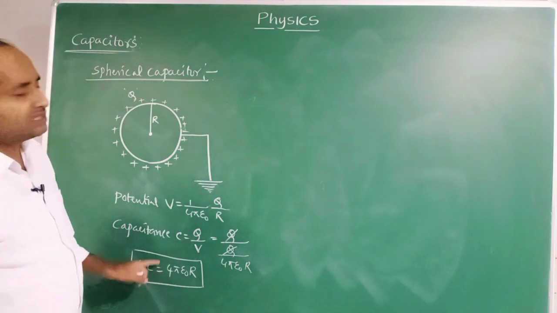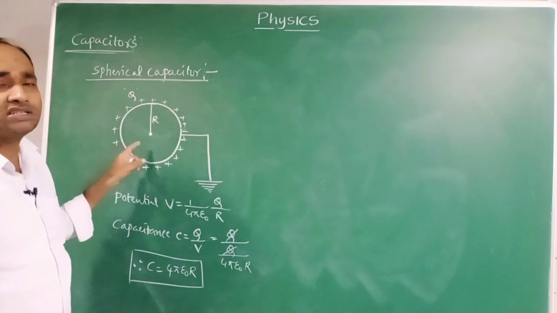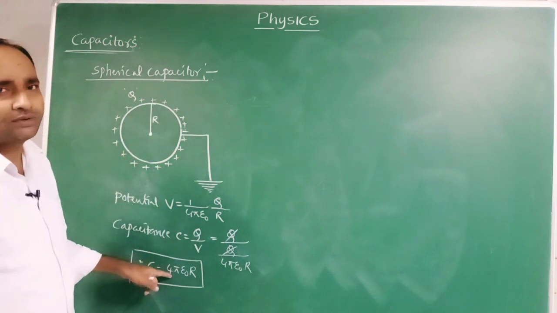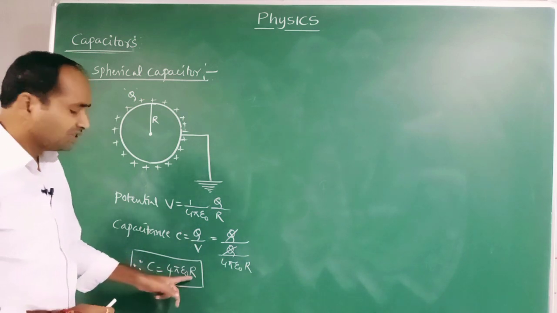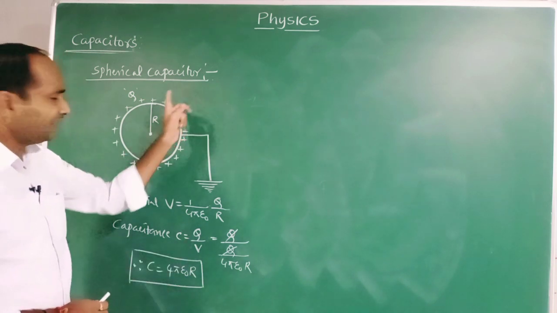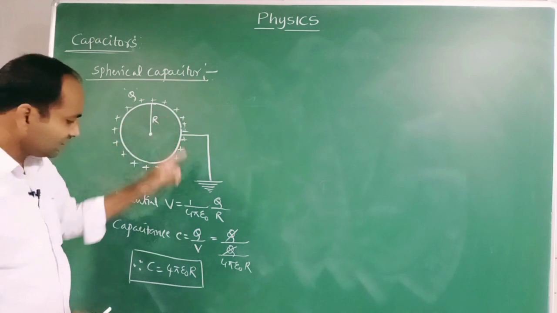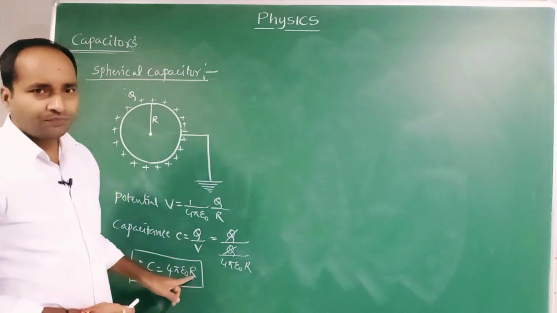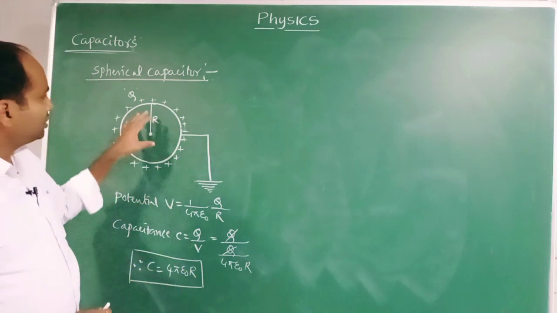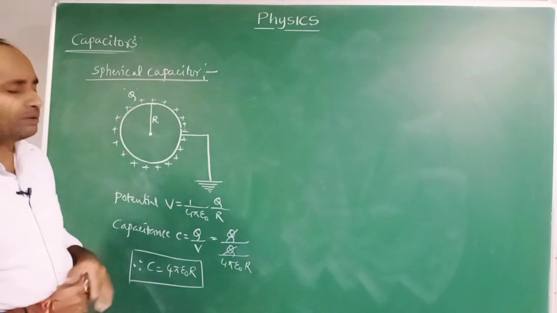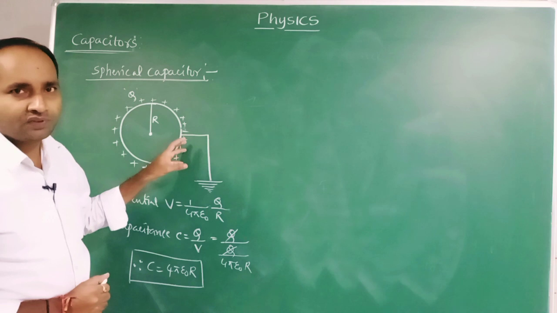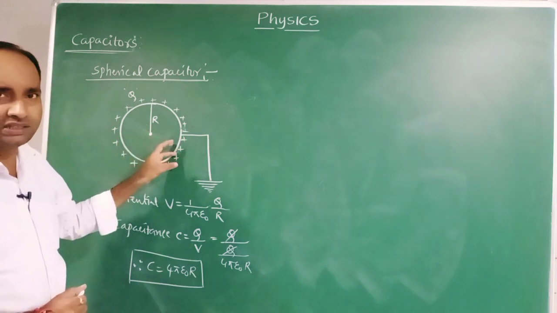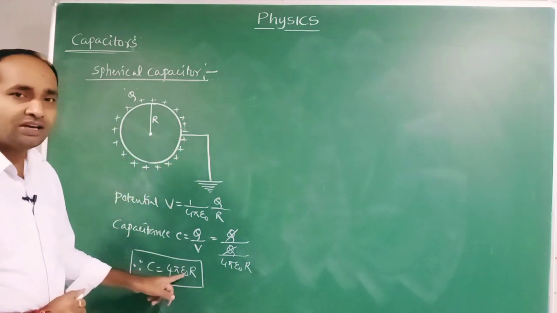The capacitance of the spherical capacitor does not depend upon its charge, but it depends upon the radius of the spherical conductor, and also upon the place at which it is placed. Epsilon naught is there.